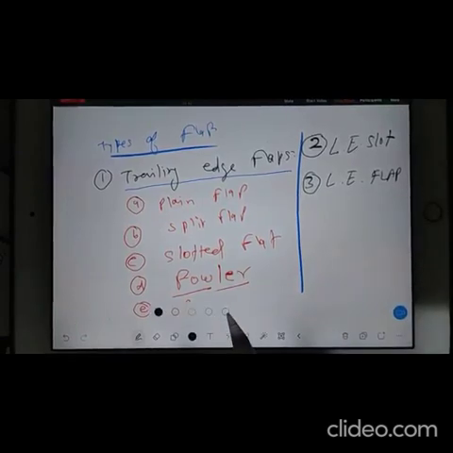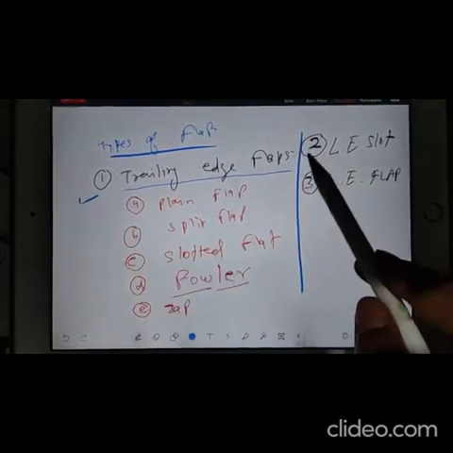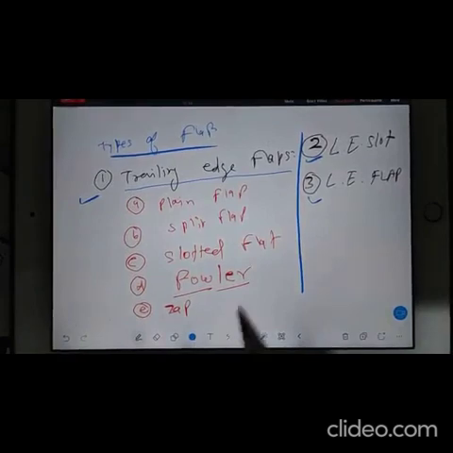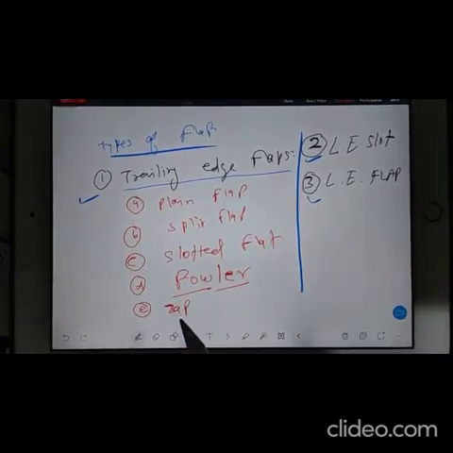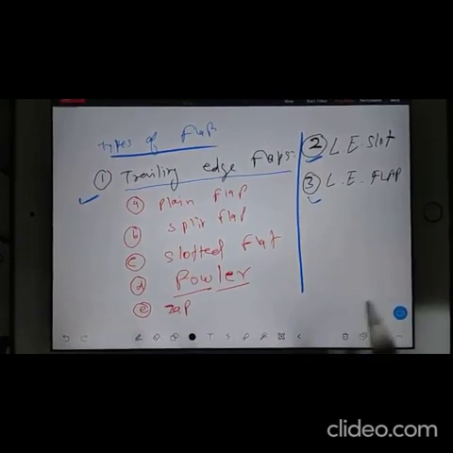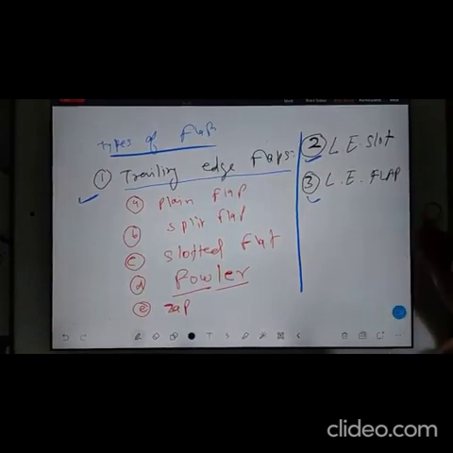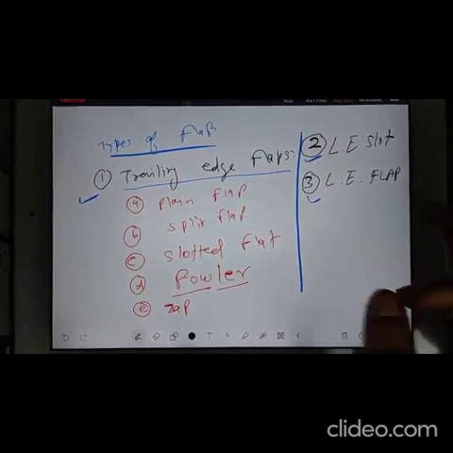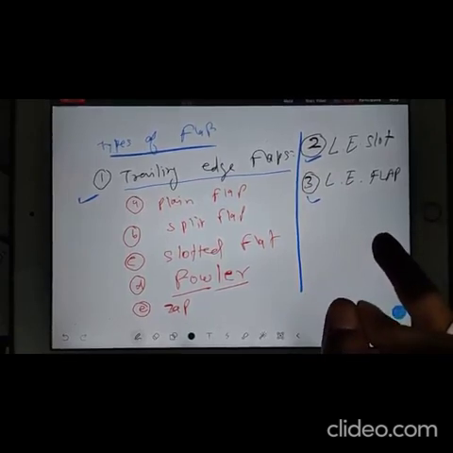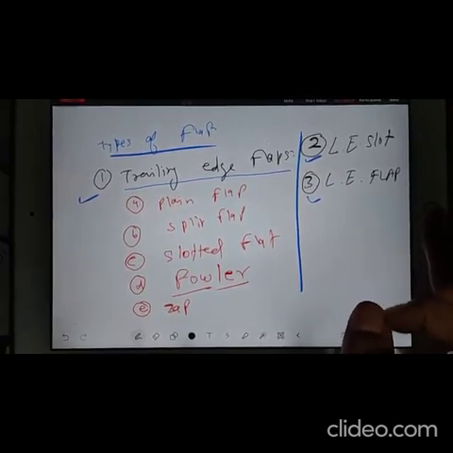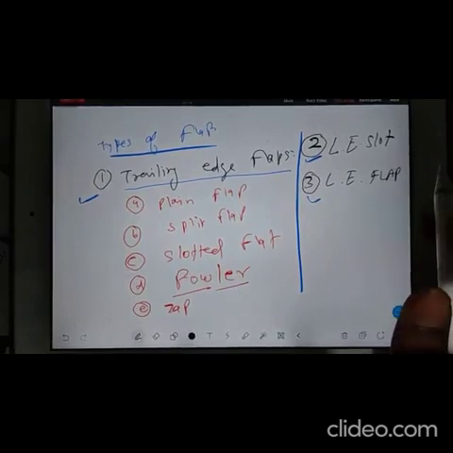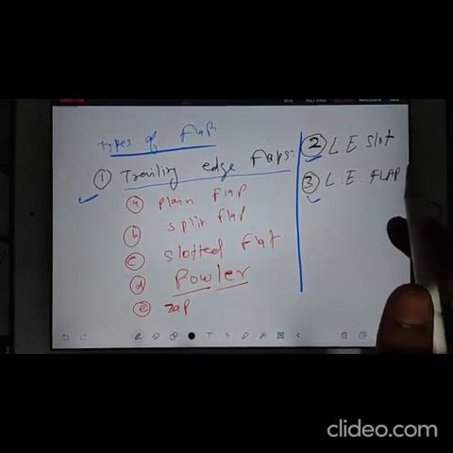Okay. So these are the important categories under flap. One by one, we have to understand them. You also have some ways where we can control the behavior of boundary layer. Okay. So to control the behavior of boundary layer, we have some methods.